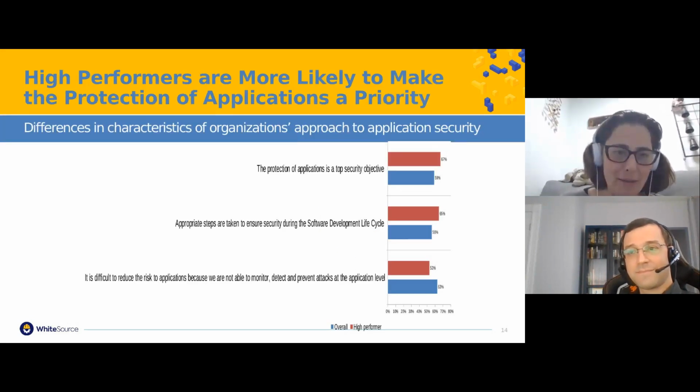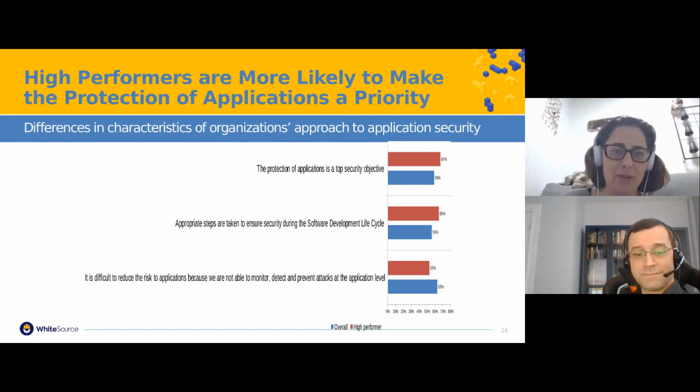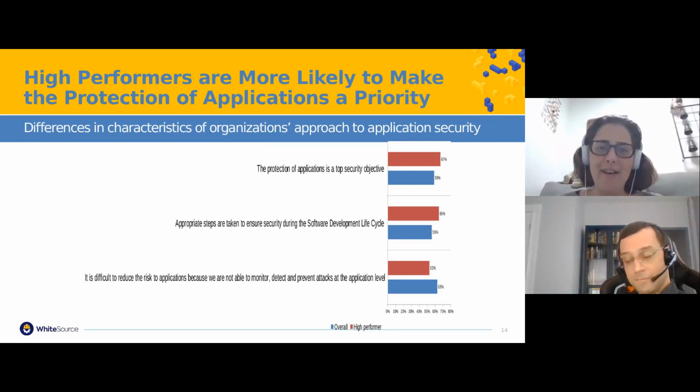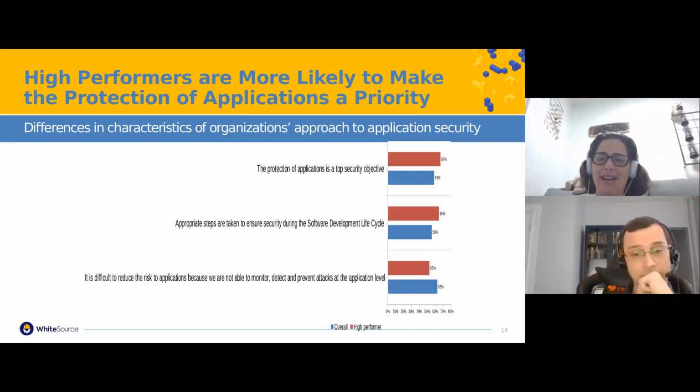The first thing is really that we see that high performers are truly more likely to make the protection of application a priority, which means they're more likely to have it as a top security objective, to take steps to ensure the security during the SDLC.